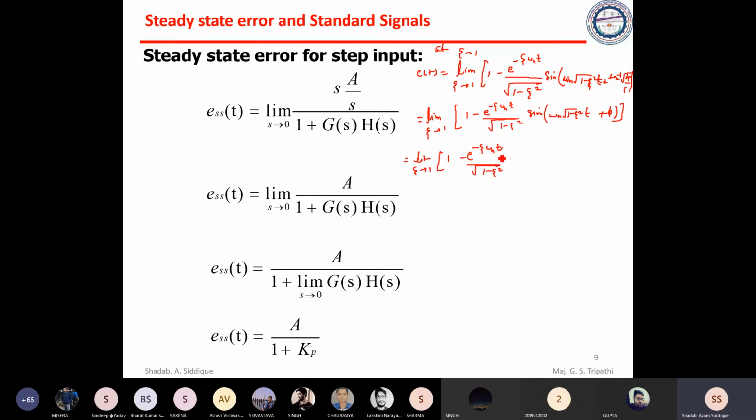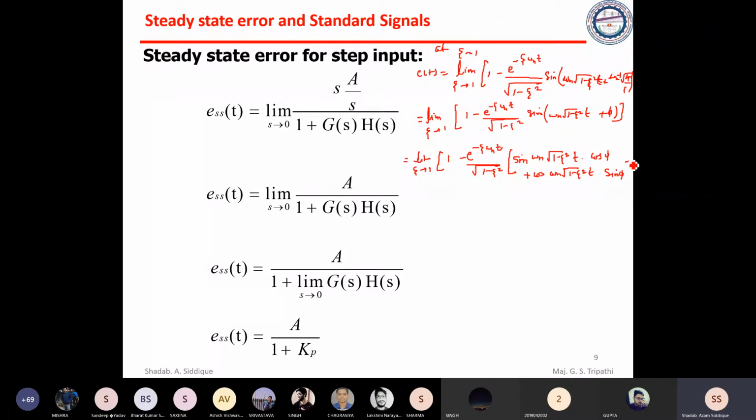Now, please let me know what is sine A plus B. Before that, in the derivation of the time response for zeta between 0 and 1, we saw this can be found from sine A cos B plus cos A sine B. We substitute sine phi and cos phi values. So this can be rewritten as sine of omega n square root of 1 minus zeta square into t times cos phi, plus cos of omega n square root of 1 minus zeta square into t times sine phi.